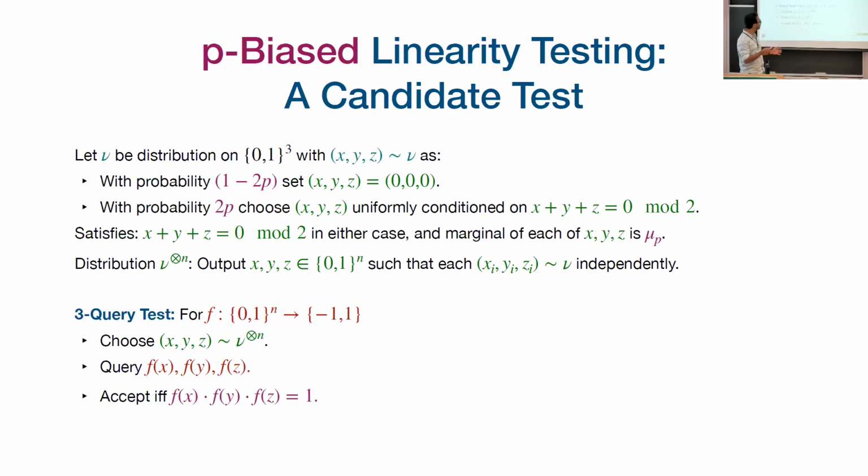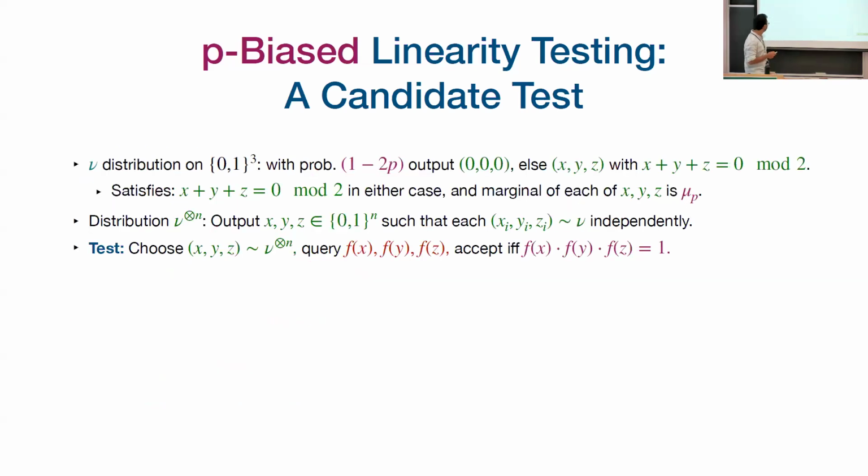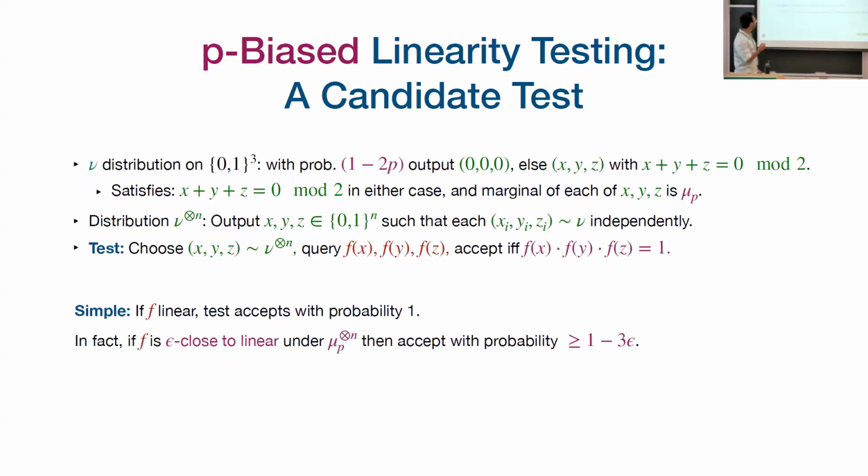And so now you might ask if the soundness case also holds as in the BLR test. So let me repeat this. If f is linear, we can see it is accepted with probability 1. In fact, it is true that if under the distribution mu p to the n, f agrees with a linear function with probability something like 1 minus epsilon, then the test accepts with probability something like 1 minus 3 epsilon, at least.